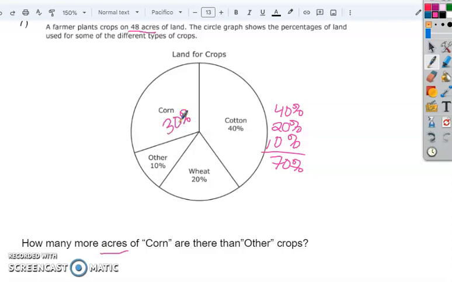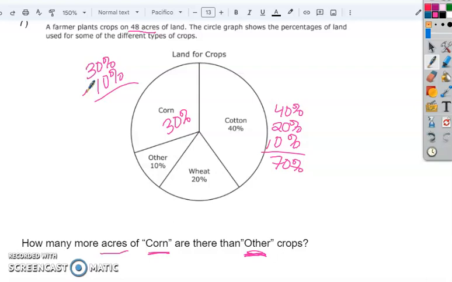That will never be the answer, okay? In 7th grade, you're applying that. How many more acres of corn are there than other? Well, corn is 30%, and other is 10%. And when it says how many more, you find the difference, okay?